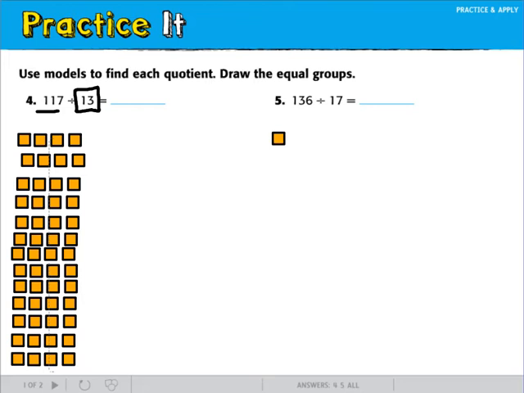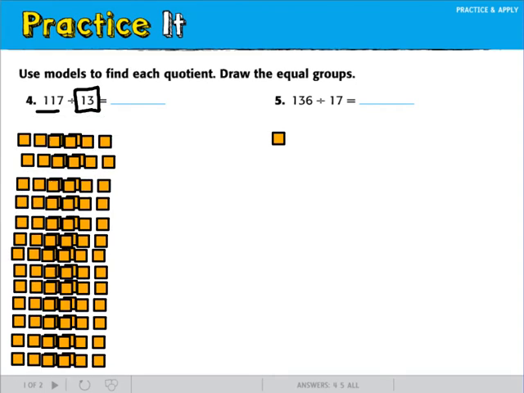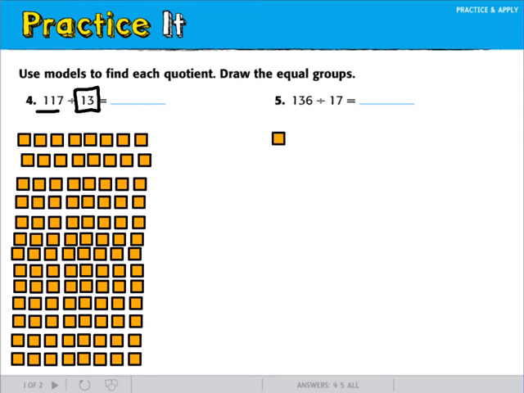Now, I know that I need 117, right? What's 52 times 2? 104. So if I know that my 4 groups gave me 52, and if I double it, how many do I have now? 104, right? Now, I know that I need more than 104. So now we're going to keep track every time we add one to the group.